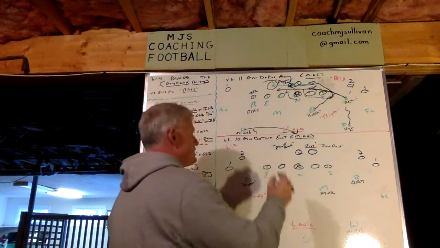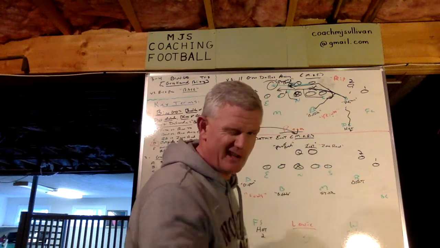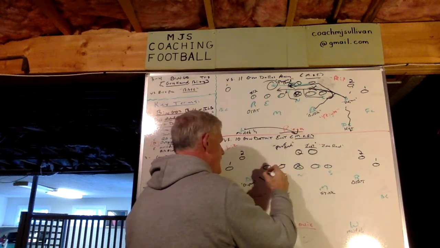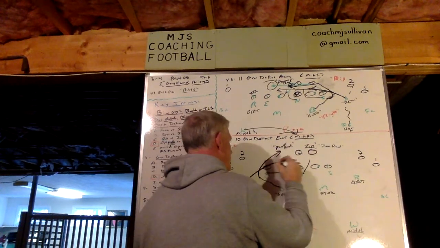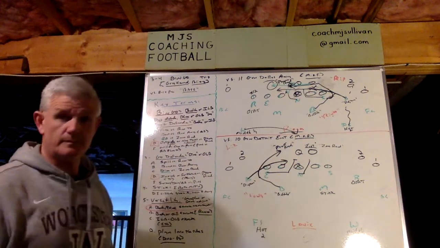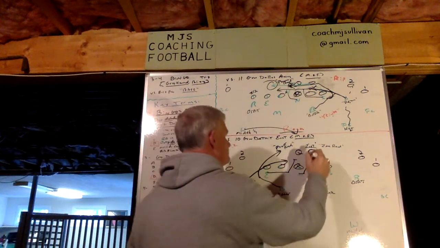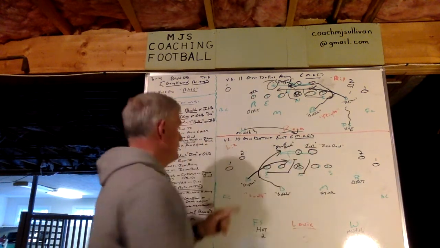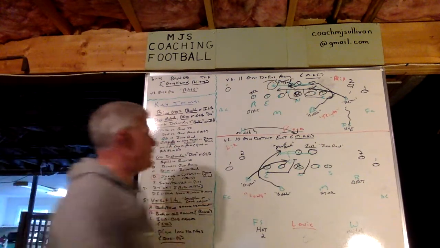Okay? So now, same deal, right? Before the ball is snapped, snap indicator. Edge to the edge. Ball snapped. Stick. Dog. Go. Right? So here comes the power read. Outside when the power read's coming to him.